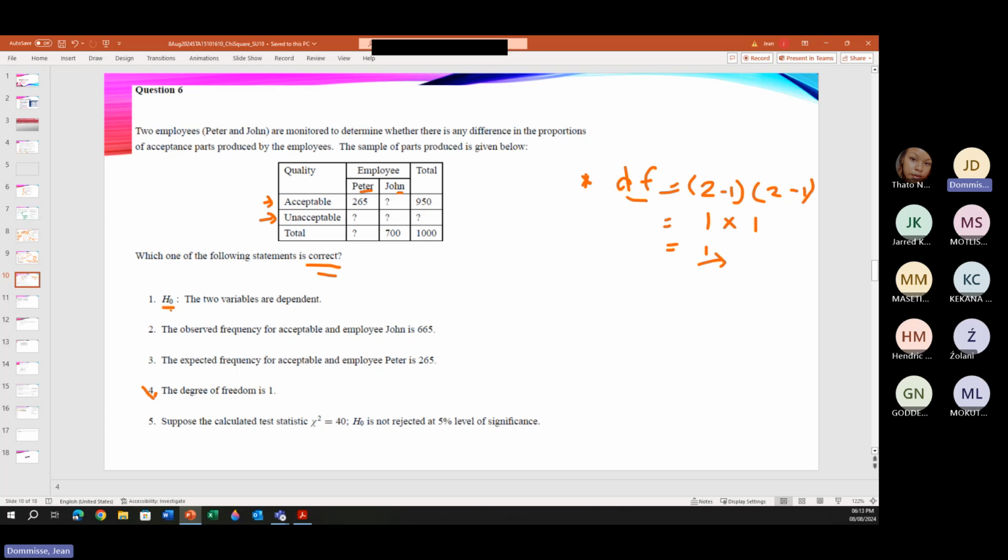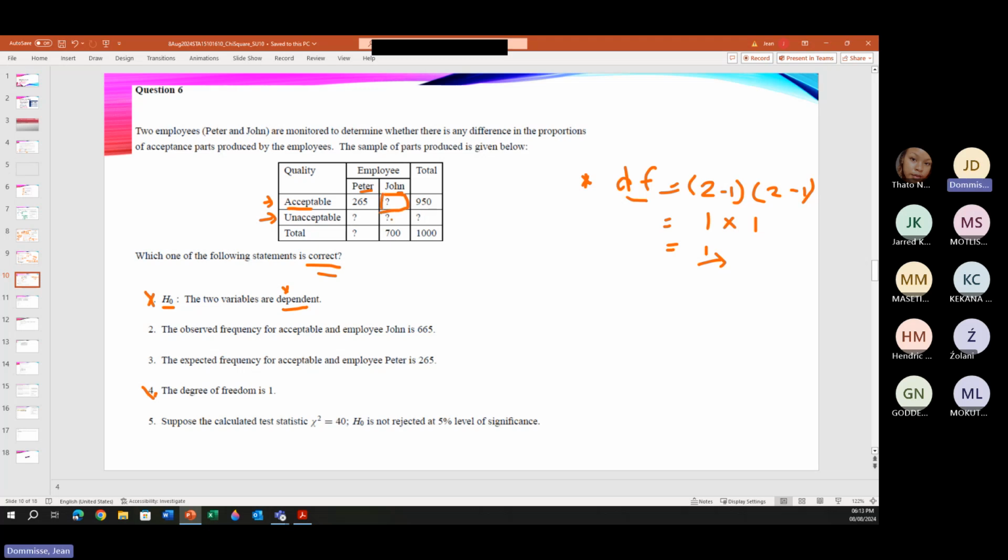Null hypothesis. We nearly get into the rhythm. Null hypothesis is independence, but they say null hypothesis is dependent, so that is why that one is wrong. We always test with the null hypothesis of independence. Observed frequency of acceptable and employee John. Acceptable and John, so we're looking for this value.